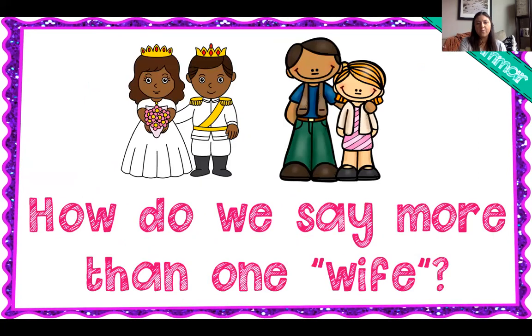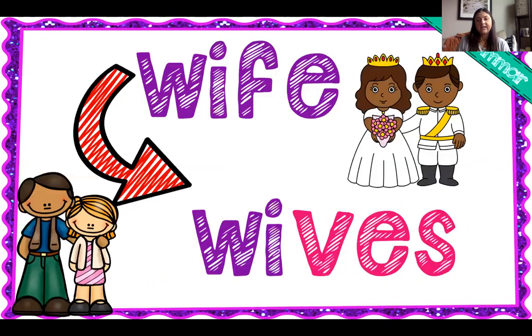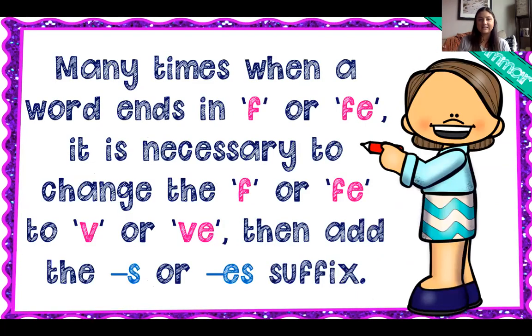How do we say more than one wife? Wives. I say the word wives. All of the wives got together for book club. For this one, again, I'm going to take off the F and that's V-E-S. So I take off the ending and I change it to V-E-S.